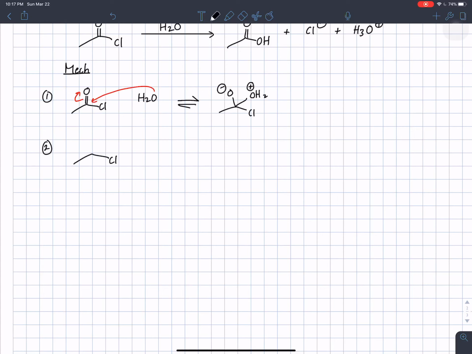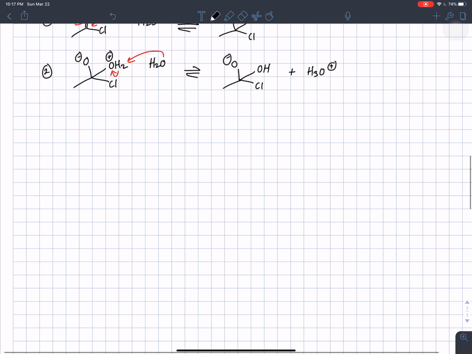Another one of the water comes along, and it will deprotonate this H. So you have an OH, and you have an O- plus H3O+.